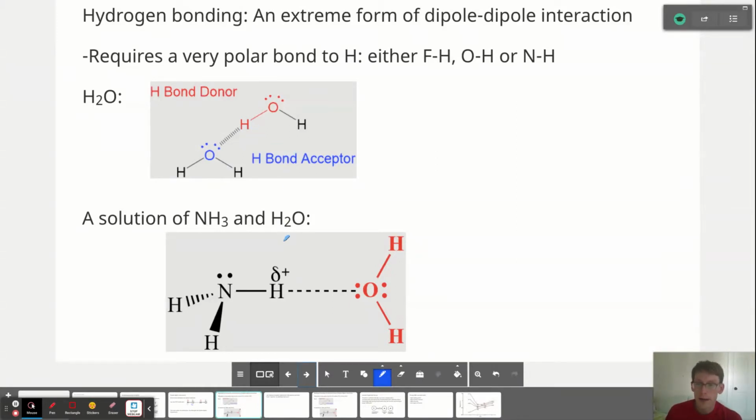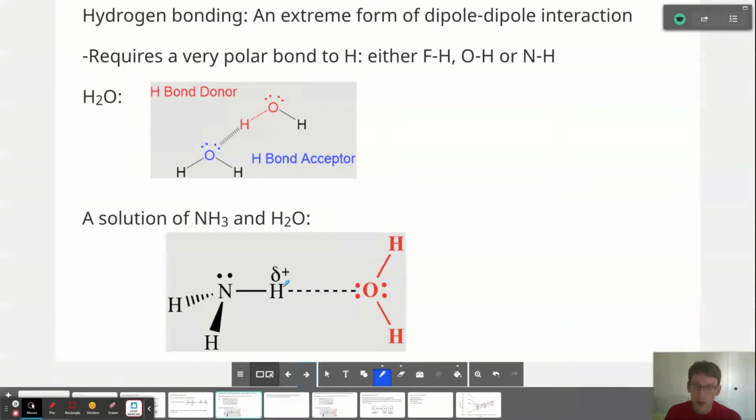In the case of NH3 and H2O, when they're mixed together, there can also be interactions among the different molecules. If you've got a whole bunch of water molecules, they may be interacting with one another, as we know from up here, and a bunch of NH3 may be interacting with more NH3, but also in a solution that has both of them, there will be interactions between the NH3 and the H2O.